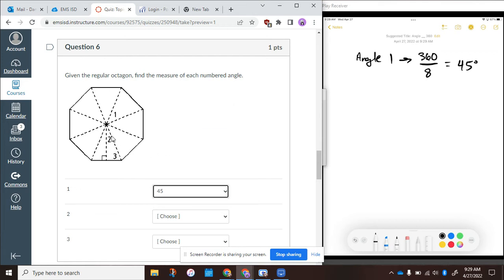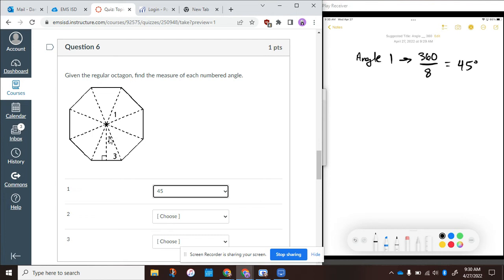Angle number two is this one right down in here. You've got to remember that when you draw an apothem from the center point to the middle of one of these sides, that apothem cuts everything in half. As you look at this triangle that's made by the two radii in this octagon, the apothem cuts that triangle in half, and that includes this angle up here.